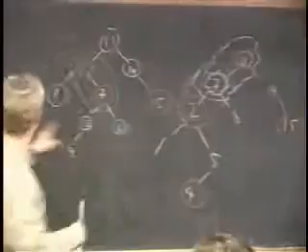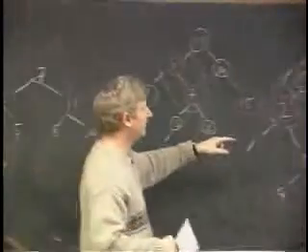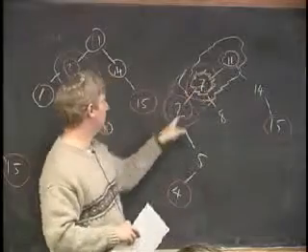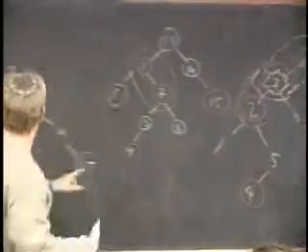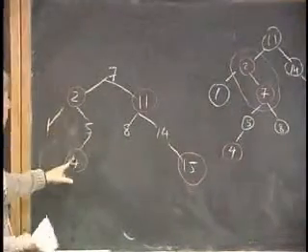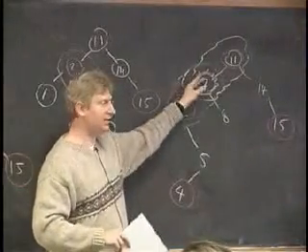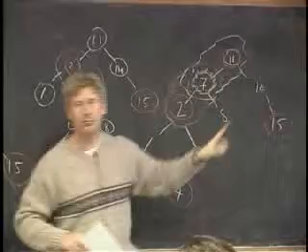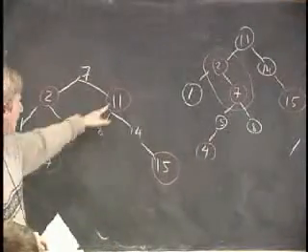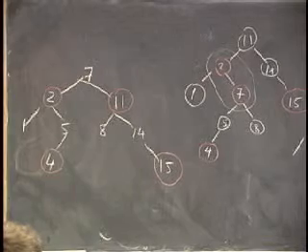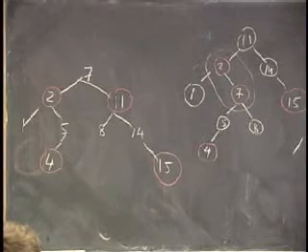The 11 still holds its 14 and 15. The 7 still holds its 2, 1, 5, 4. And the right part of the 7 that's got no place to go gets snipped off and connected to the left part of the 11. So first we did a left rotation, and now we did a right rotation.